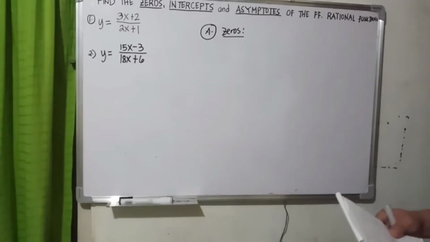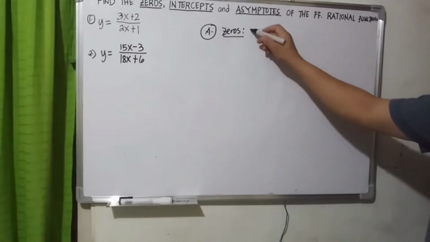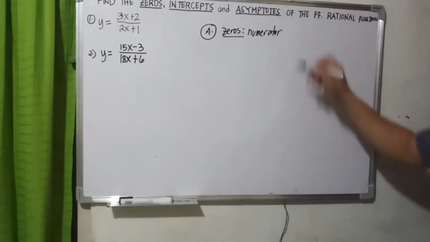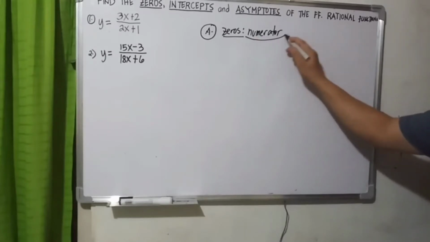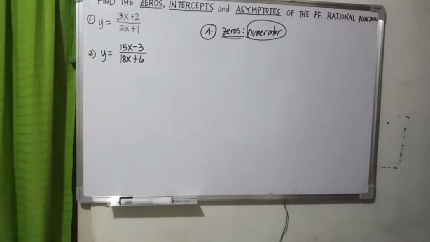Tandaan yan ha. So saan na tayo nakabase pag 0 ang hinahanap? Sa numerator. Dito lang tayo nakabase sa numerator pag zeros ang hinahanap natin.